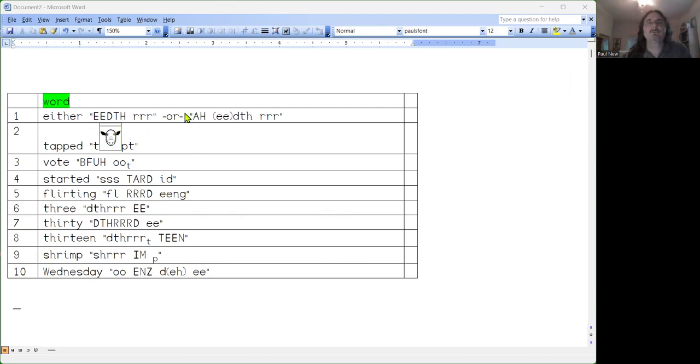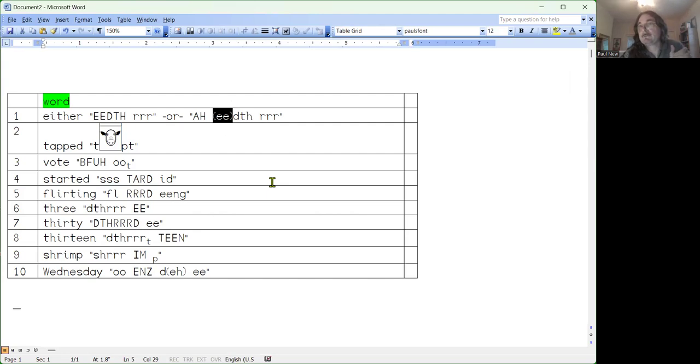Also, some people say either, either. And remember, in parts of the US and some parts of other English speaking countries, you can hear people not say this part, so they say other.